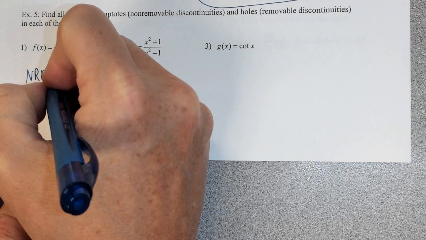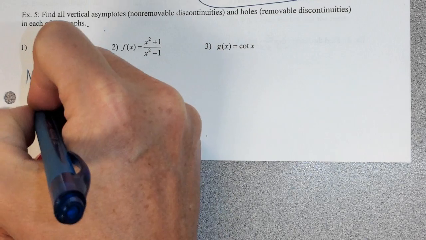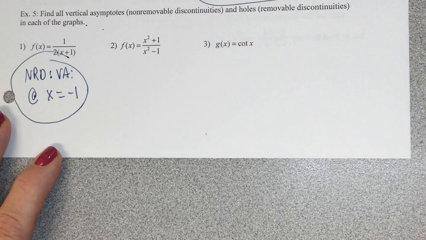Okay, so non-removable, which is also known as a vertical asymptote, at x equals -1. Do we agree? Yes or no? Yep, that's right, isn't it? Right, what about number 2 then?